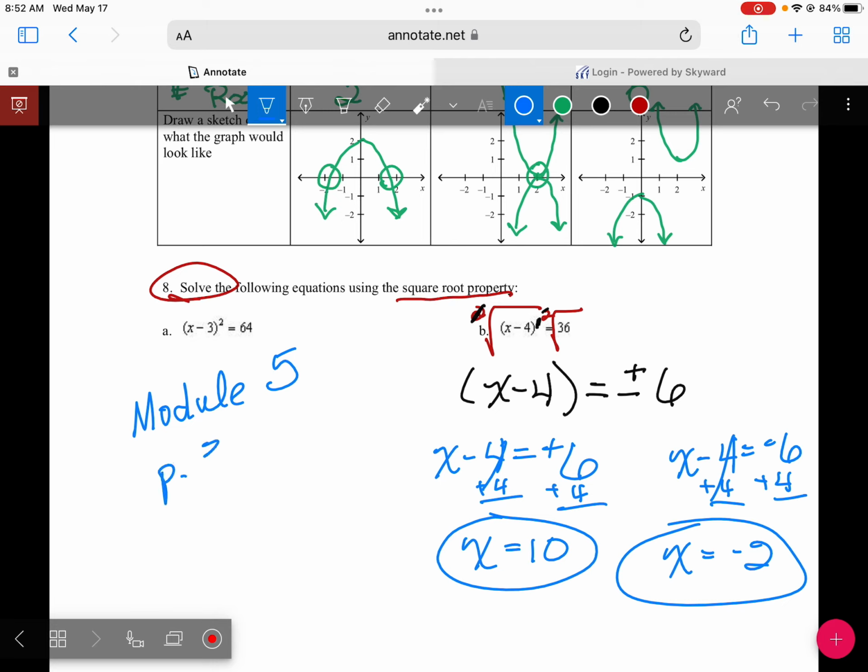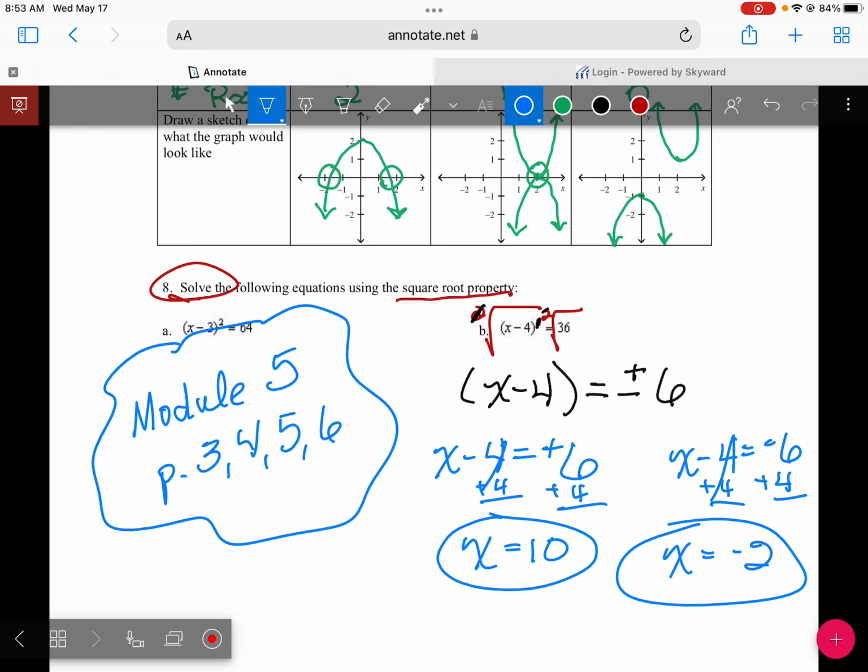That would be parts of pages 3, 4, 5, and 6. So I would suggest that as your homework tomorrow, and we'll go over your questions. We, I believe, have done some of 5 with circles, okay? And keep working on that packet. If you have other questions like Jasmine did today, just ask, okay?